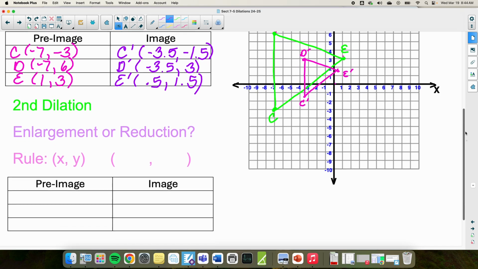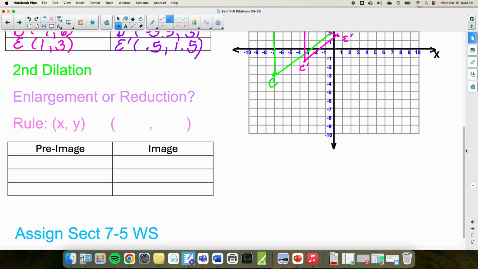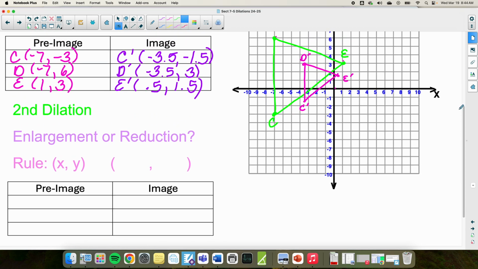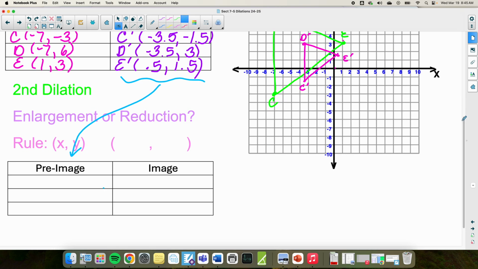Now we have to take into account our second dilation. And with this one, you don't go back to the original figure when you draw them down here. You take these coordinates and draw them down there, okay? So we're gonna put down here that C prime is -3.5, -1.5.